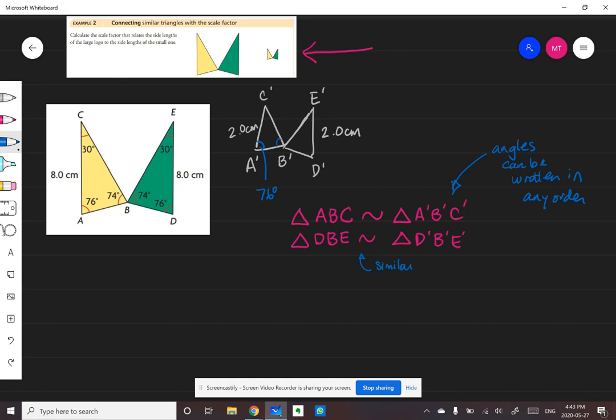And that B prime is actually 74 degrees. And that C prime angle is 30 degrees. So when we're talking about the angles, I'm not going to write that they are similar because they are technically just the same.